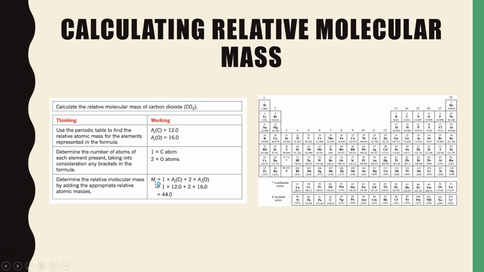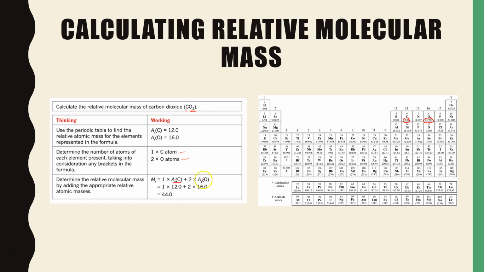If you were to do something a bit more complex, such as carbon dioxide, we have to account for the number of atoms of oxygen and the number of atoms of carbon. Again, we find the relative atomic mass of carbon on the periodic table, it's 12, and the relative atomic mass of oxygen, again, 16. We have one carbon atom and two oxygen atoms. So to calculate the relative molecular mass, we must sum the atomic masses of all atoms in this compound.